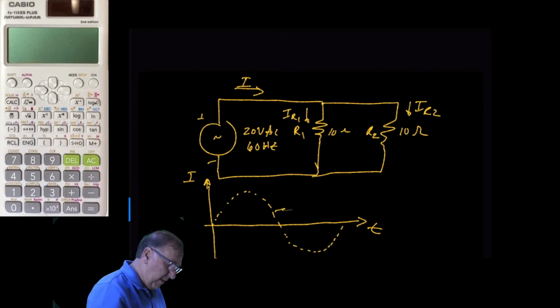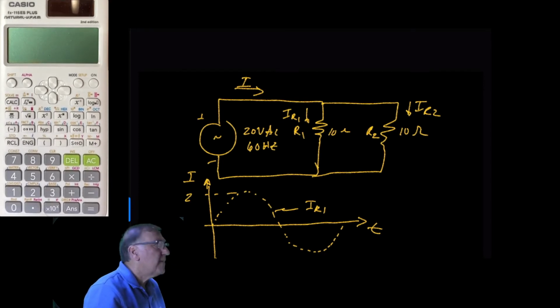This would be IR1, and it would reach a maximum of 2 amps. The current in R2, which is IR2, would be exactly the same. It's the same phase.